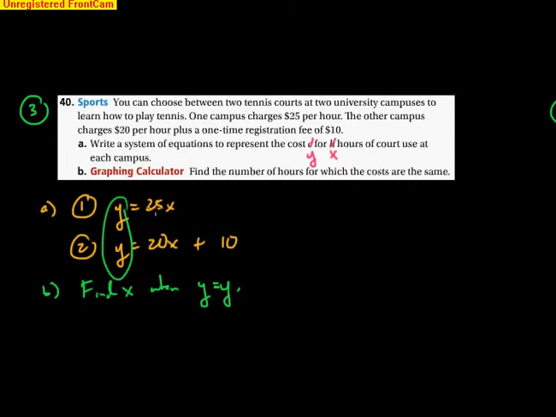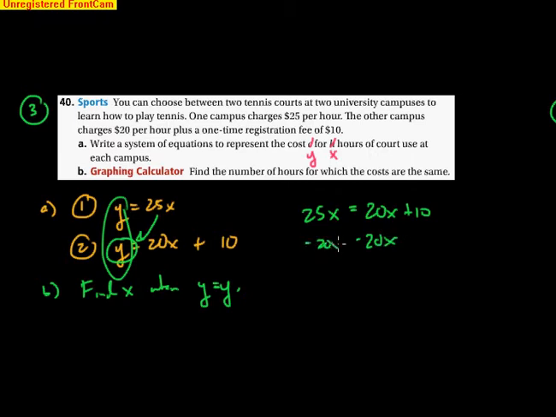Well, if we want to know when y equals y, set these two things, 25x, equal to 20x plus 10. Set them equal to each other. This is sort of a form of substitution. They're both solved for y, so you're taking 25x and plugging it in for this y. Either way, set them equal and solve.